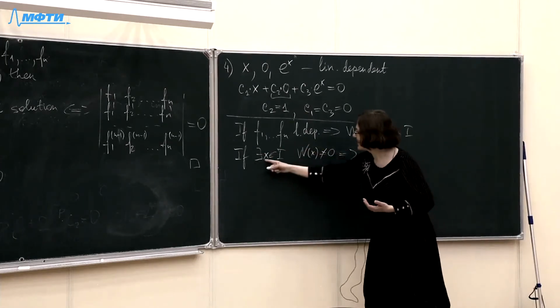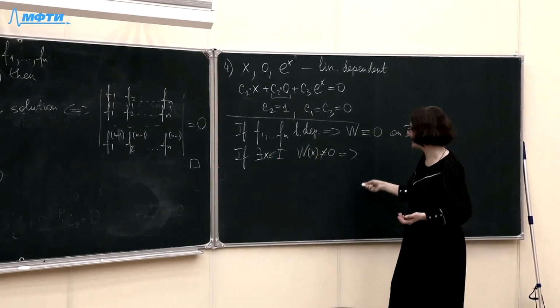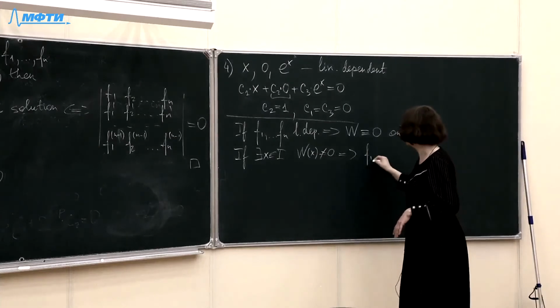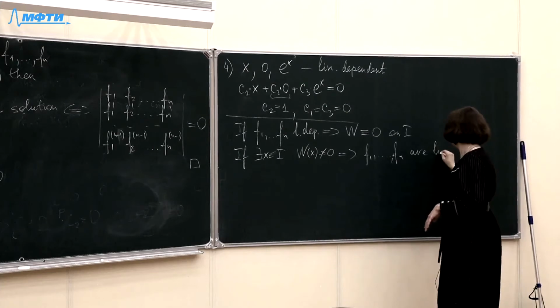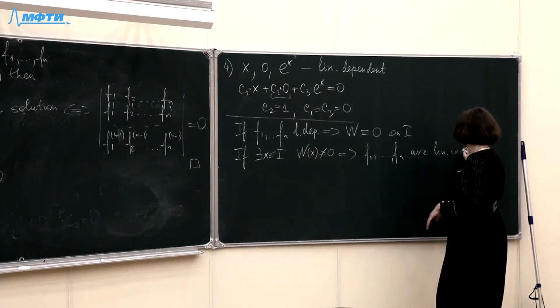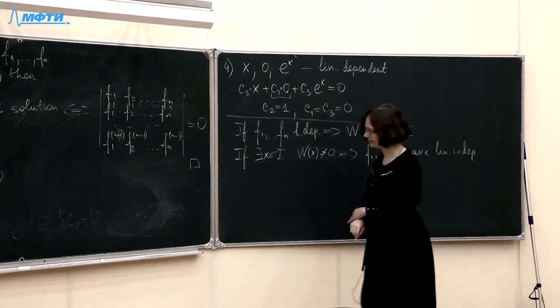So if there exists x for which the Wronskian is not 0, then the functions are linearly independent.